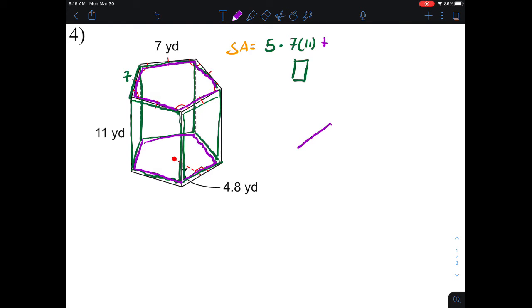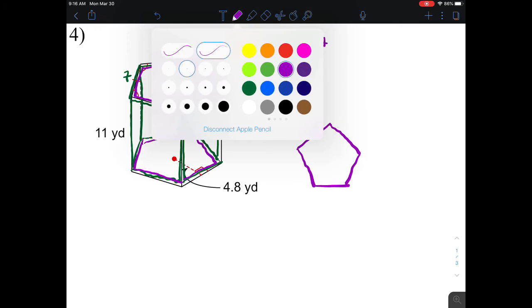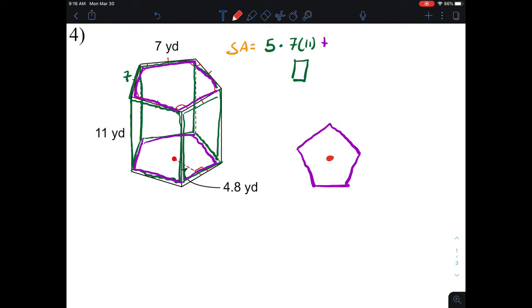And I'll try to draw a pentagon here. And we're given the measure of the apothem, which is the distance from the center to a side, and it's perpendicular to the side here. So we're given that measure.